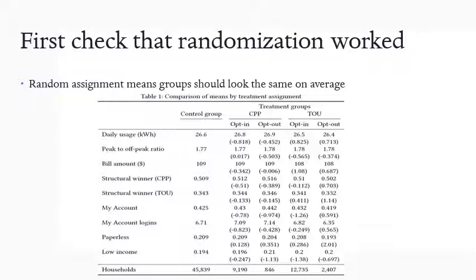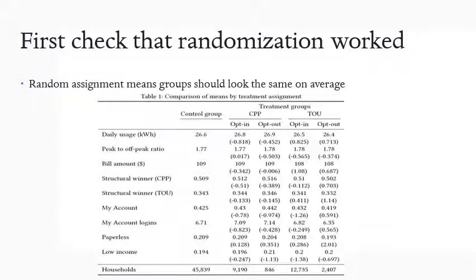They have the opt-in group, those that opted in, and the opt-out group, or the option to opt out group. You can see that the daily usage across these 5 different groups, the control is 26.6, the opt-in critical peak pricing is 26.8, opt-out is 26.9, time of use opt-in is 26.5, opt-out 26.4.